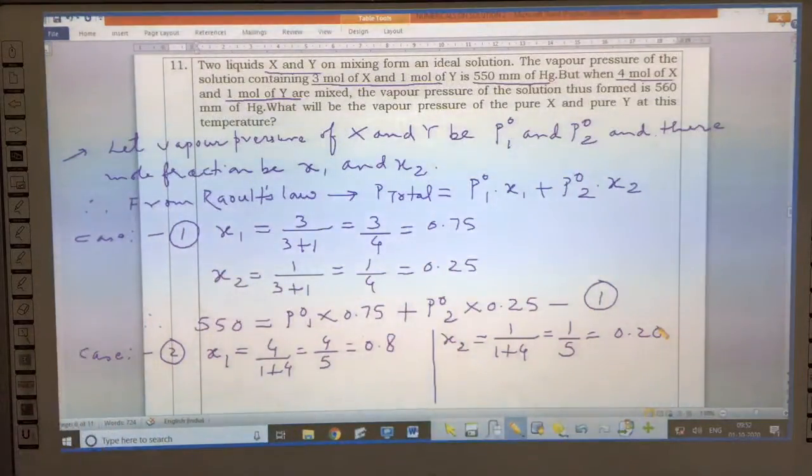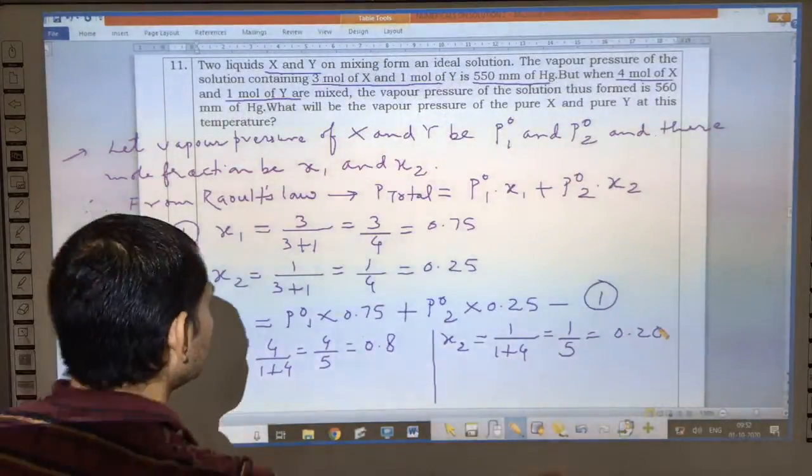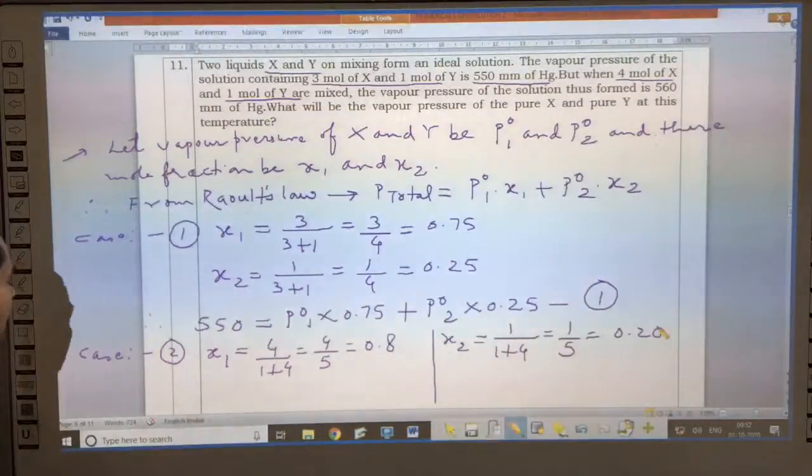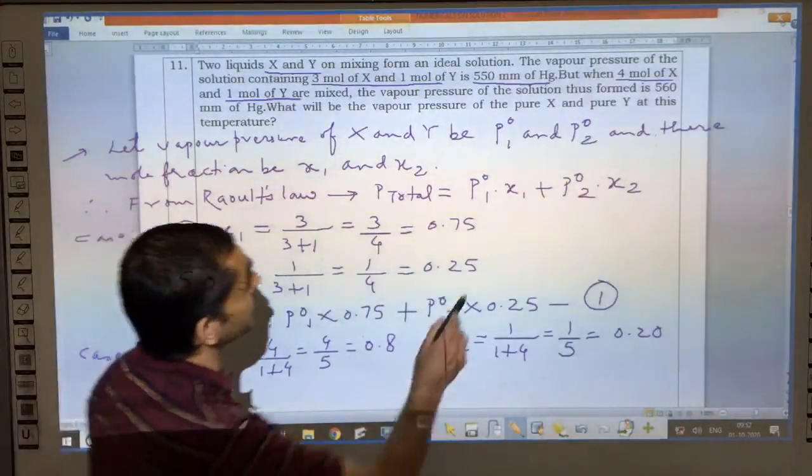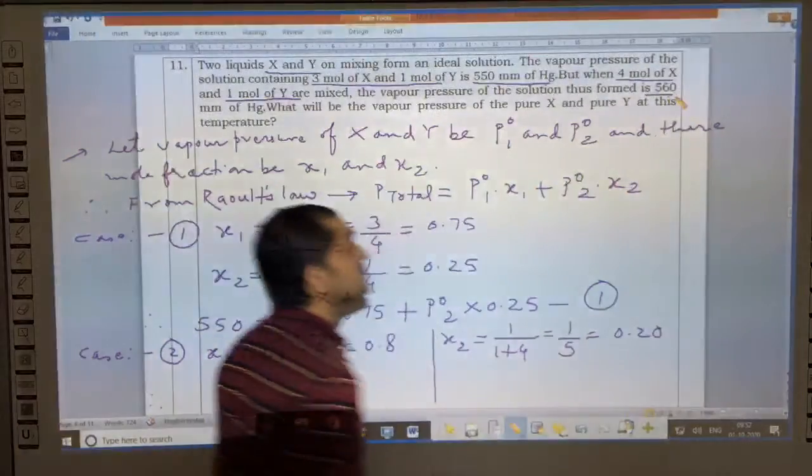From the second case also we have calculated the mole fraction of both, the mole fraction of X and the mole fraction of Y. This is to be applied here. Therefore, what was the total pressure in the second case? 560.